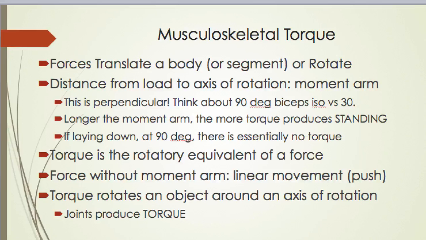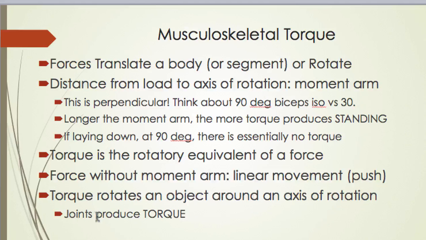So torque is the rotatory equivalent of force. And remember that force is a Newton, which a Newton is 1 kilogram times 1 meter per second squared, right? So force without a moment arm is a linear movement, such as pushing something, where torque rotates an object around an axis of rotation.